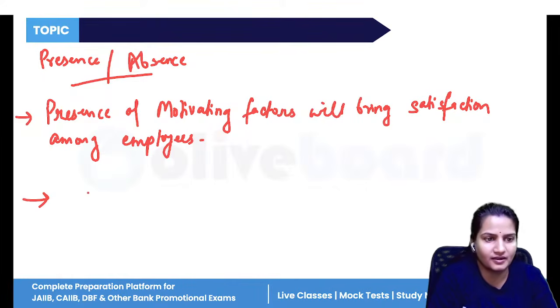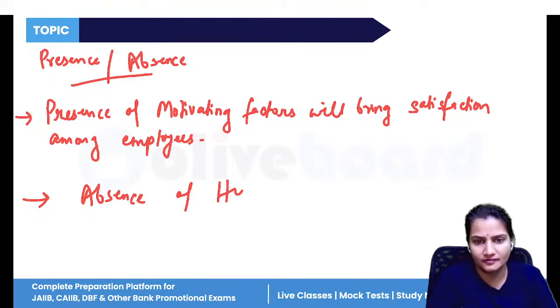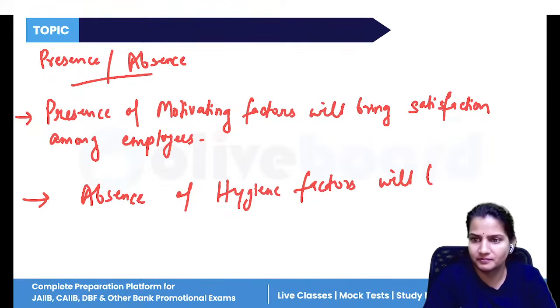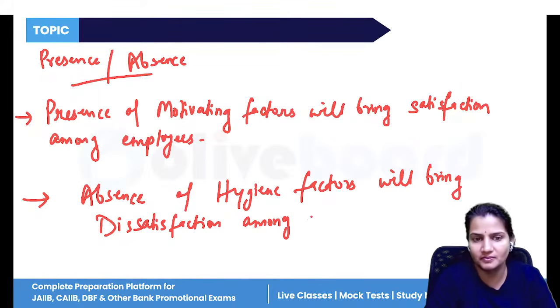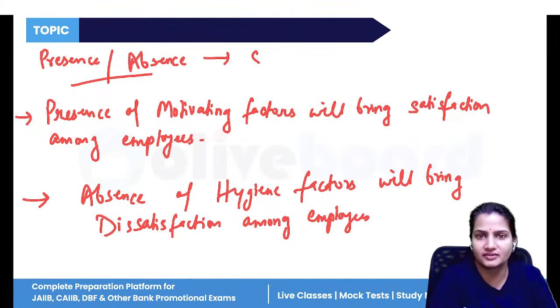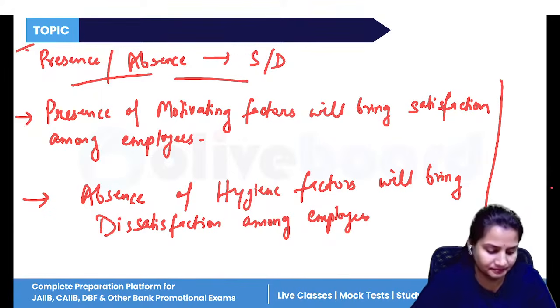And the absence of hygiene factors will bring dissatisfaction among employees. There are certain things that if you are not giving to your employees, they will become dissatisfied. So it is presence and absence, and satisfaction and dissatisfaction. This is the whole theory around this one.